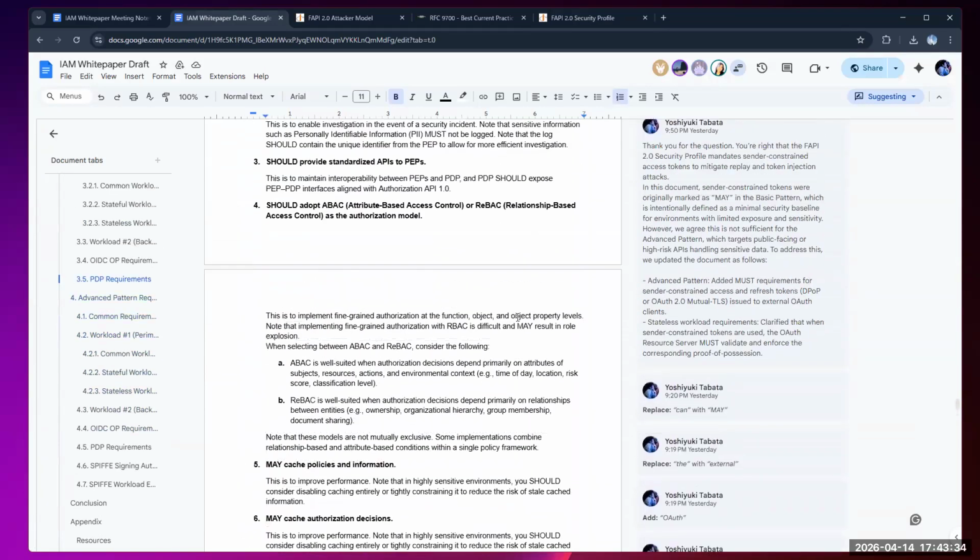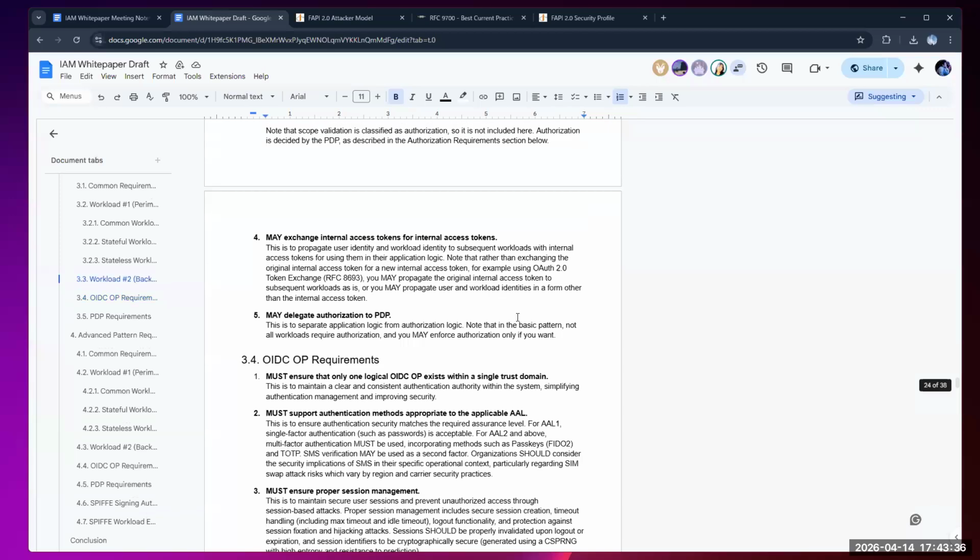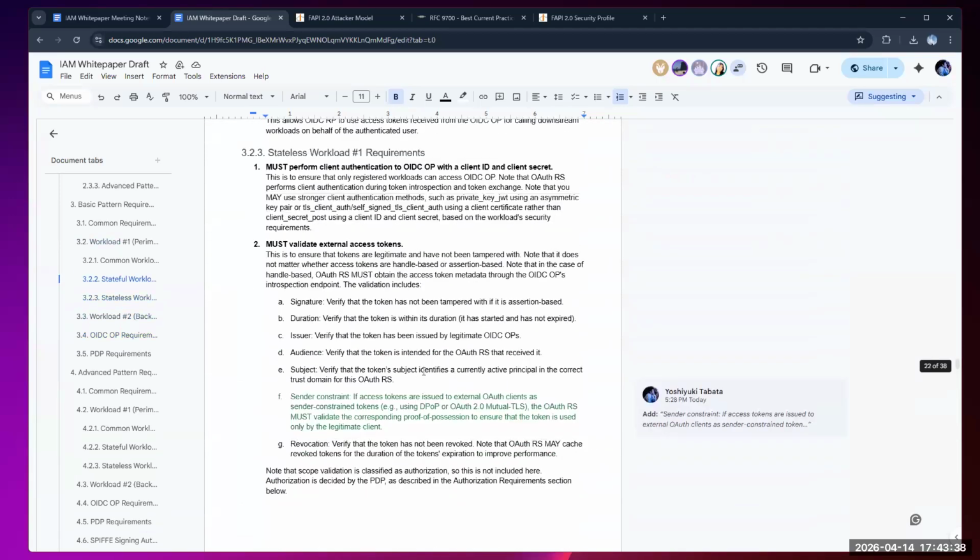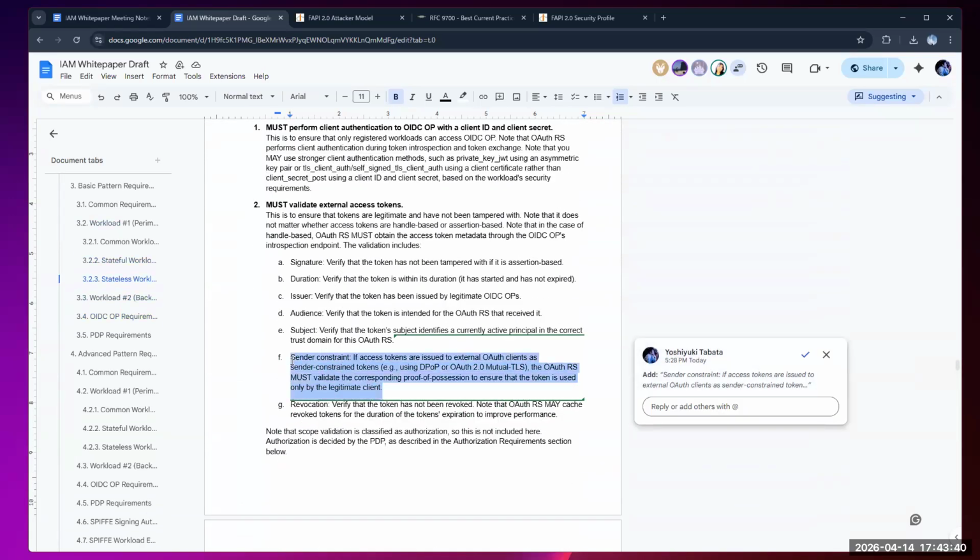Okay, so first, how about adding this one? If the OIDC OP issues the sender constrained token, but the resource server does not check the constraint, nothing happens.